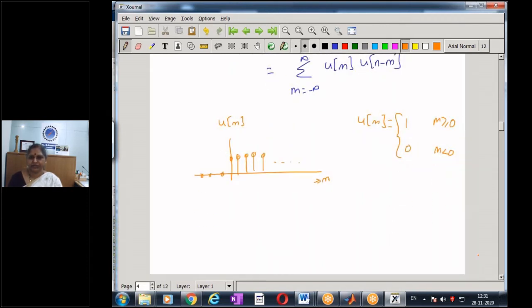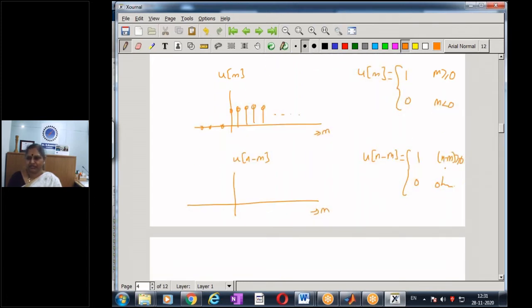Similarly, let us sketch u of n minus m. It is 1 for n minus m greater than or equal to 0, and 0 otherwise.